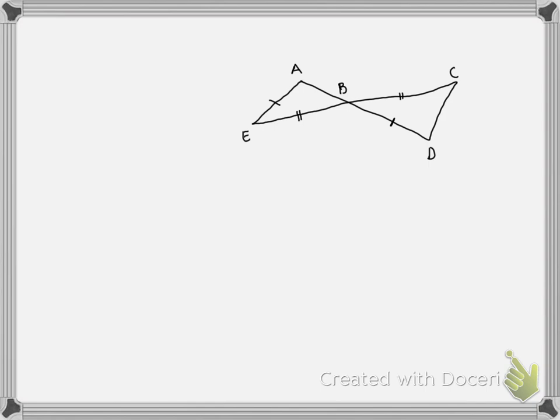Okay, we are given that EB is congruent to CB, and those have been marked with 2 little tick marks, and AE is congruent to DB, okay? Well, if we look here, the corresponding sides, EB and CB, those are the same, okay?